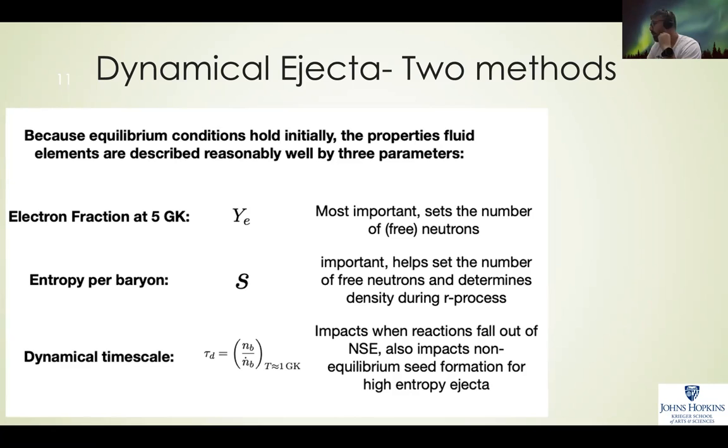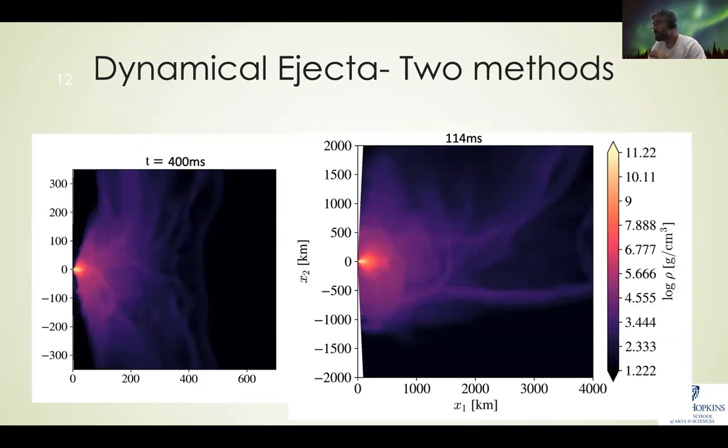These three parameters allow us to systematically study the impact of different ejecta properties on the properties of the ejecta material relevant to this event, the neutron star merger.